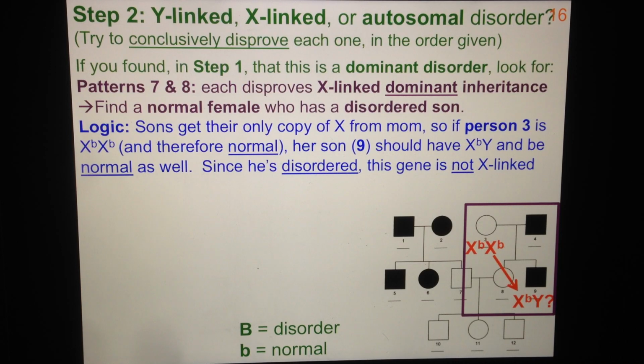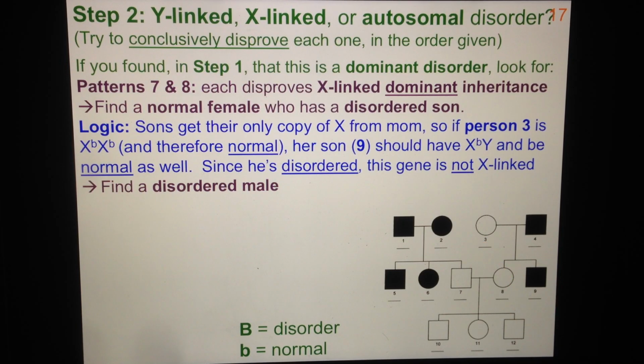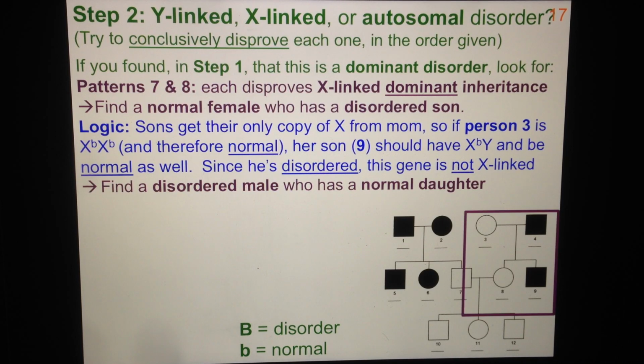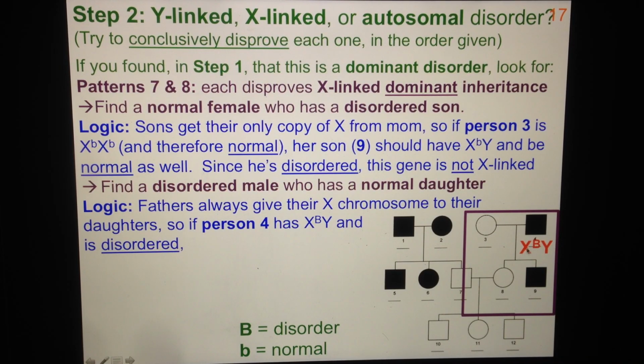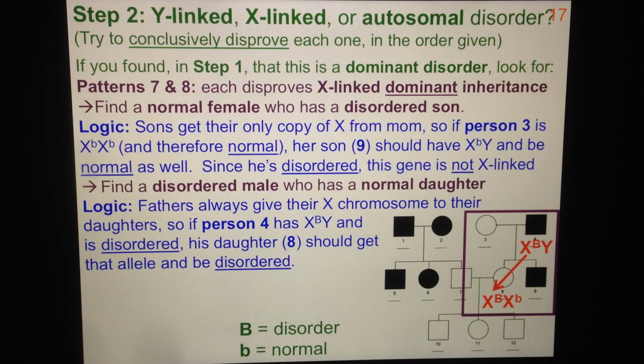Okay, that's pattern 7. For pattern 8, you're looking for a disordered male who has a normal daughter. Okay, so we see that again in the same family as well. So we have a male with a disorder having a normal daughter, right? And the reason why that's not possible is that fathers always give the X chromosome to their daughters. And this father has a dominant disorder allele, and he has to give that X to his daughter, right?